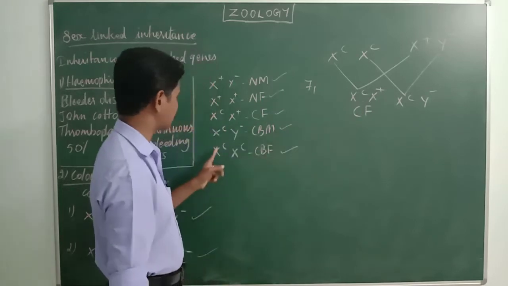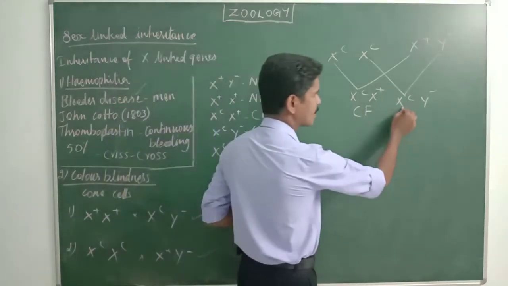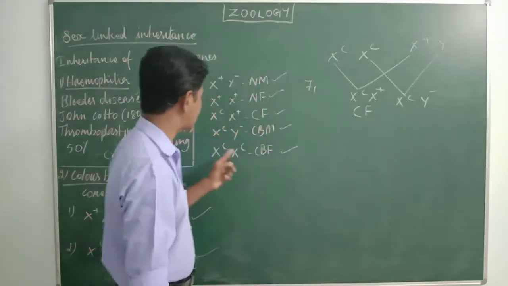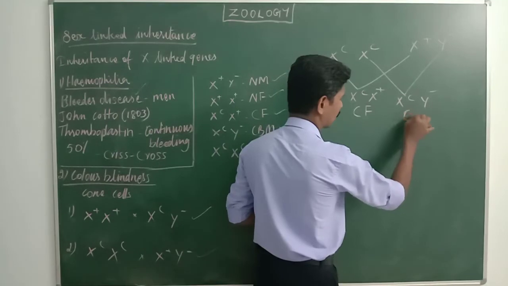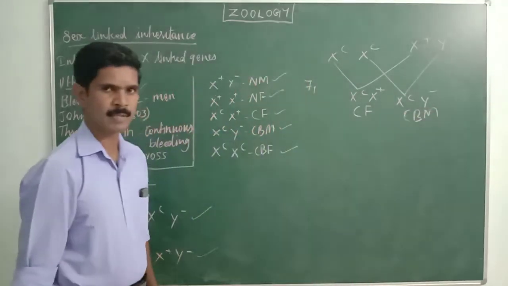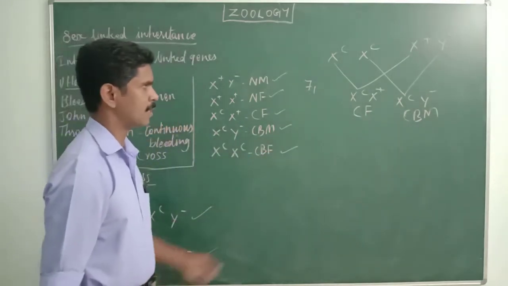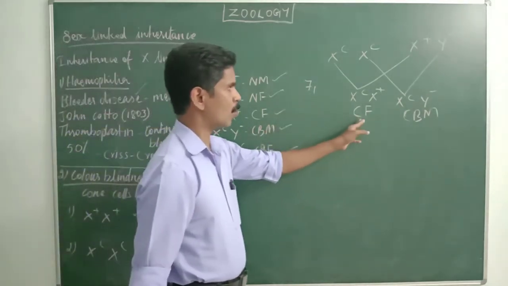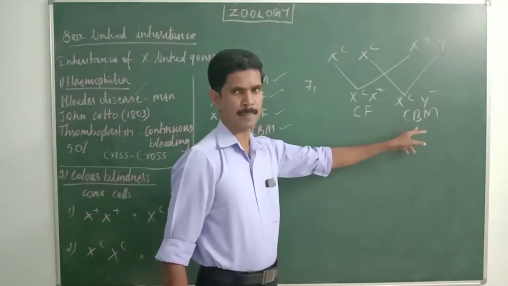Then XC Y minus is the colorblind male. So in the second type of marriage, in the F1 generation, we will get one carrier female and a colorblind male.